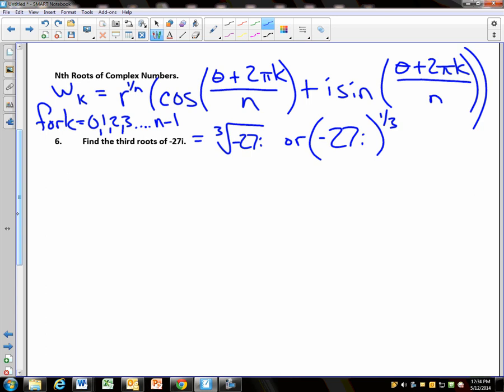Here's how you do the problem. This is the most important step. Identify n. n happens to be whatever root you're trying to find. So we're trying to find the third root, right? So n is going to be 3. Second of all, we have to identify k.